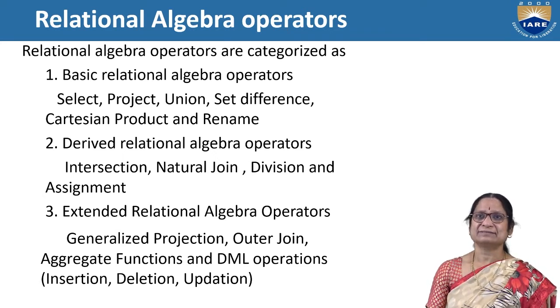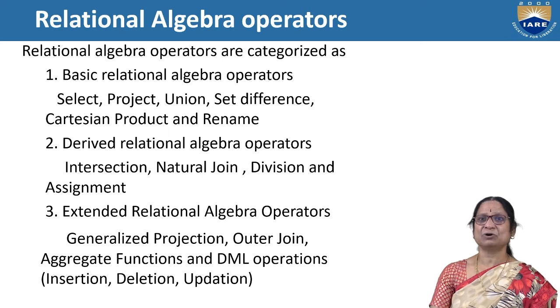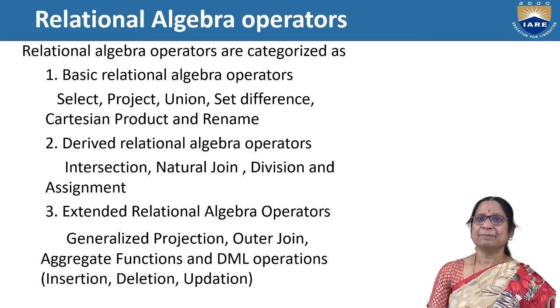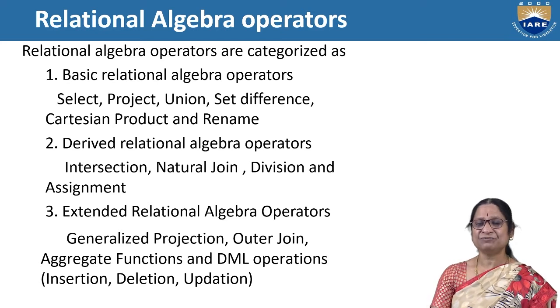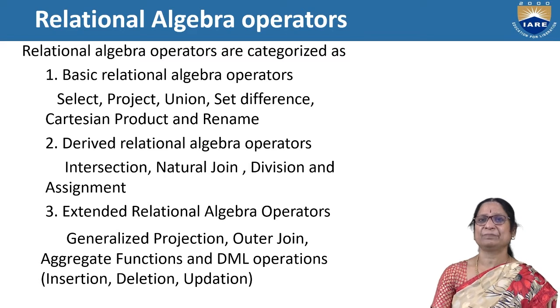So what are the operators? Basically, the operators used in relational algebraic queries are categorized into three categories: basic relational algebra operators, derived relational algebra operators, and extended relational algebra operators. Initially, relational algebra was introduced with the basic operators, which are not sufficient to express our queries effectively.